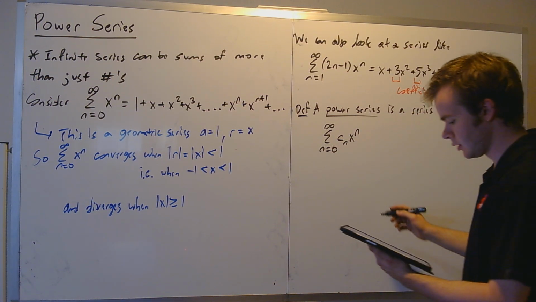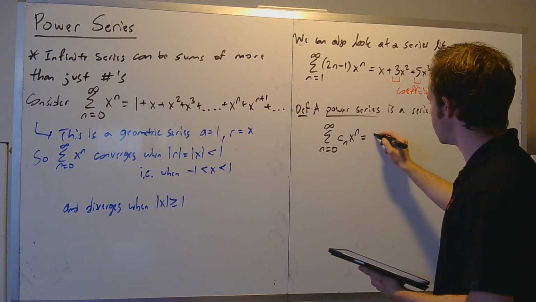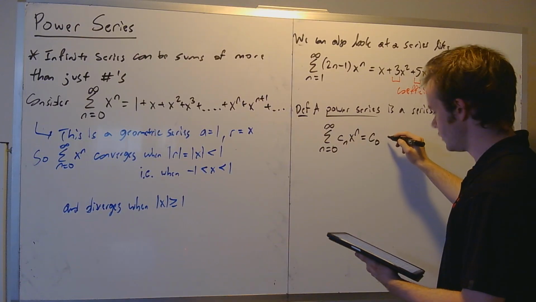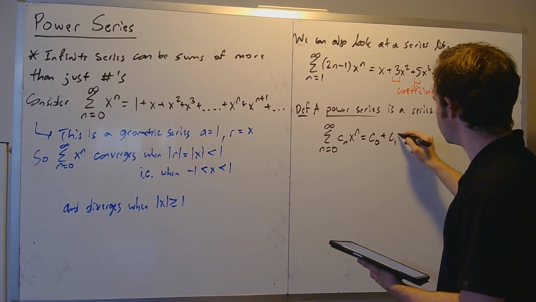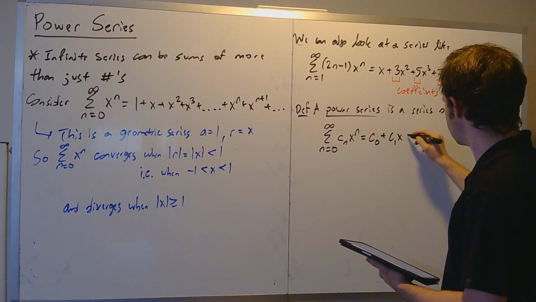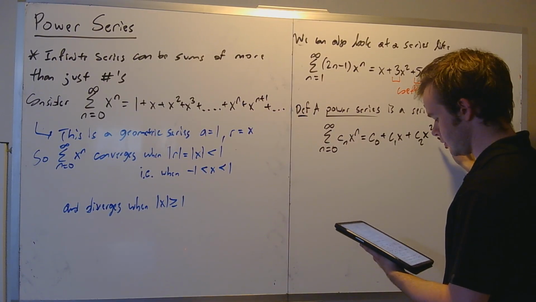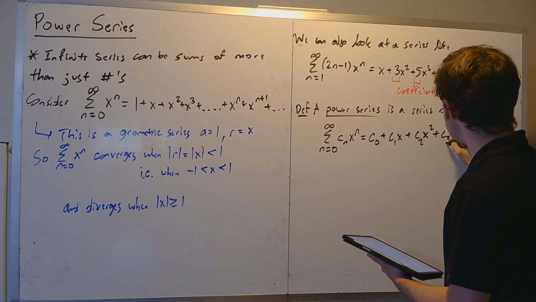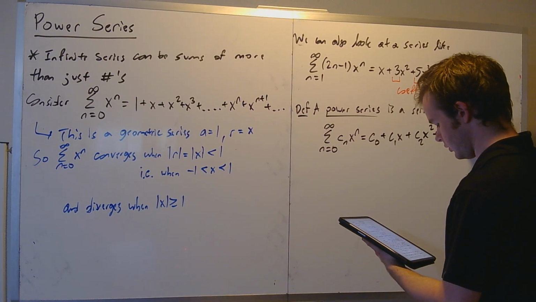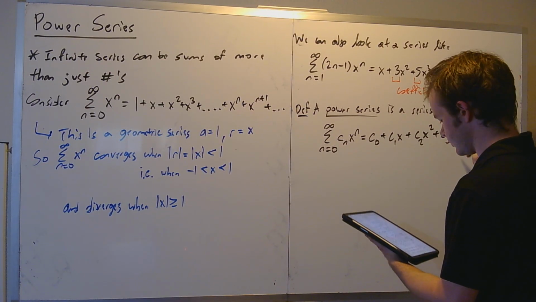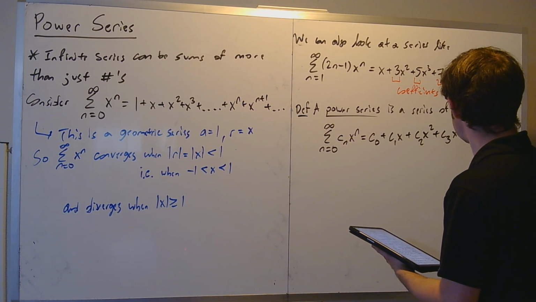Okay. Which is, if you write this out, you're going to have C0 plus C1x plus C2 x squared plus C3 x cubed, and so on.